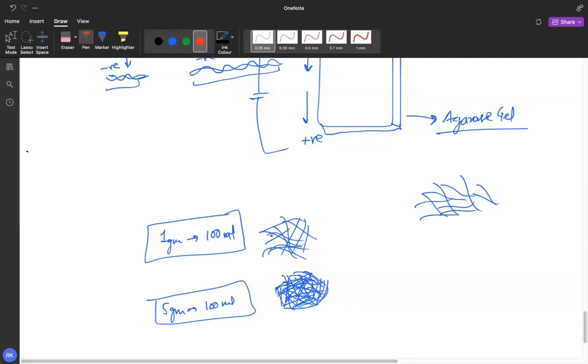Now, pay attention here. When it was a 1% gel, it had some pores in between its polymers, correct? Can you see these pores that I am highlighting? When it is a 5% gel, more concentrated, what happens to the average pore size?